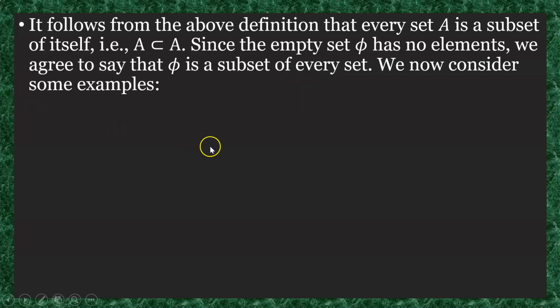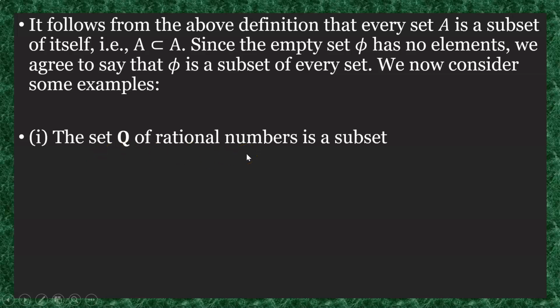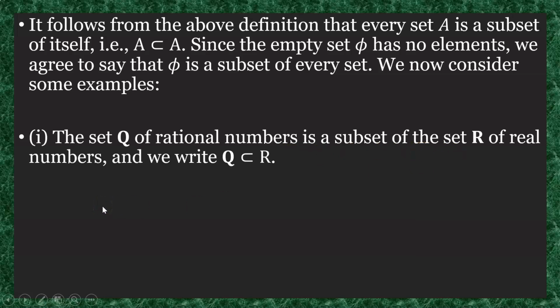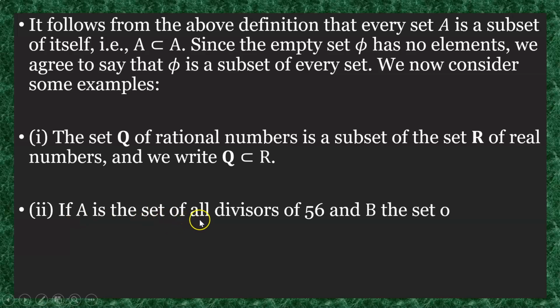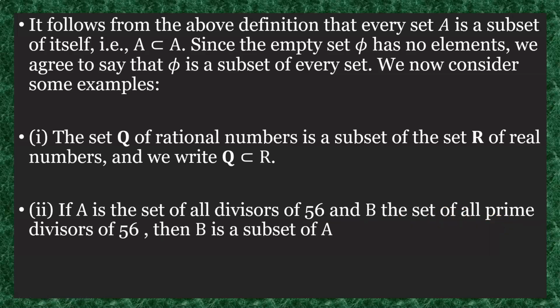We now consider some examples. First, the set Q of the rational numbers is a subset of the set capital R of real numbers, and we write Q ⊂ R. Second, if A is the set of all divisors of 56 and B is the set of all prime divisors of 56, then B is a subset of A, and we write B ⊂ A, because B is the set of prime divisors of 56, and A is all the divisors of 56.